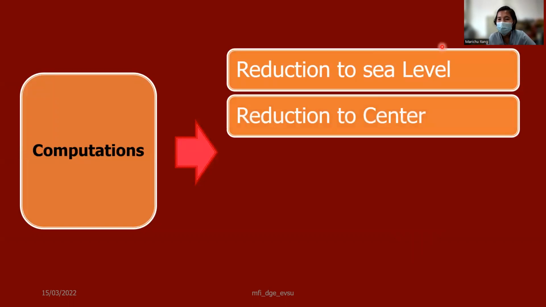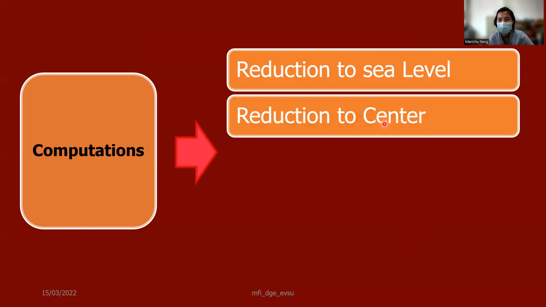We have here reduction to center. Reduction to center is not employed every time you observe on each corner. It is only applied in cases where our corner point is impossible to occupy. For example, they set a design and then found out on the ground that it is impossible to place an instrument, like the ground is dangerous or too hilly, and it's impossible to set up the instrument.